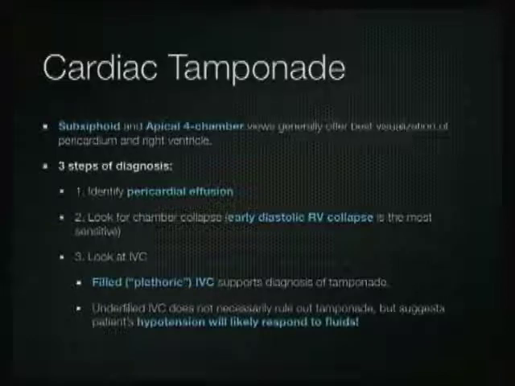So, with cardiac tamponade, the first step is to give fluids, so you're always going to do that. And even when you see a filled IVC, that doesn't mean that the patient doesn't need fluids, because these patients need very, very high filling pressures to overcome the intrapericardial pressure and maintain their cardiac output.